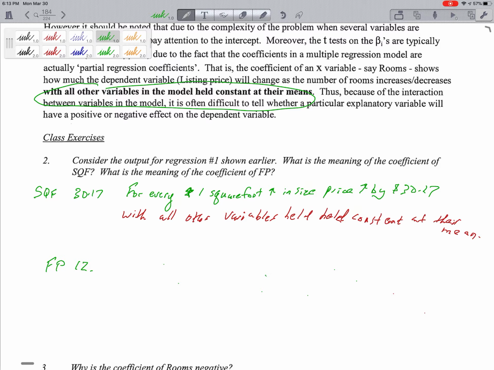For fireplaces, that number turned out to be 12,365.57.